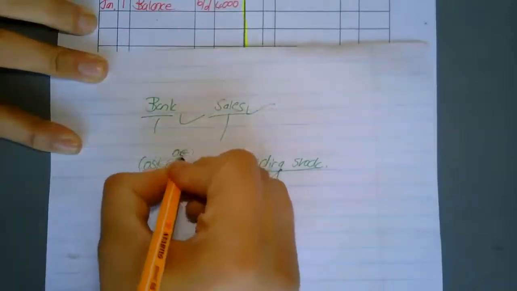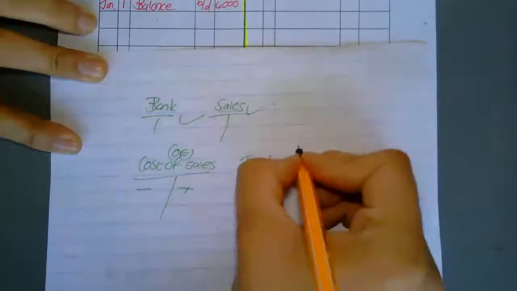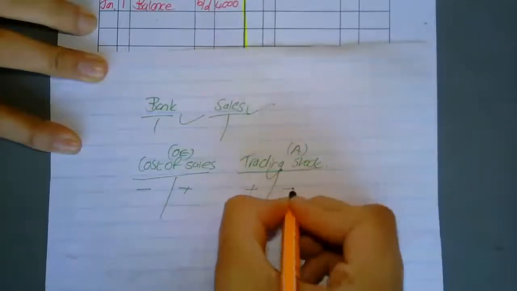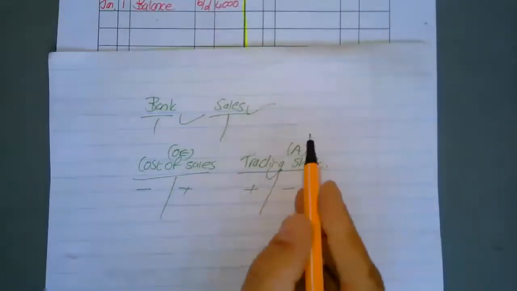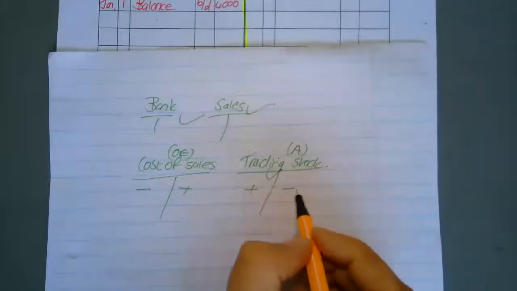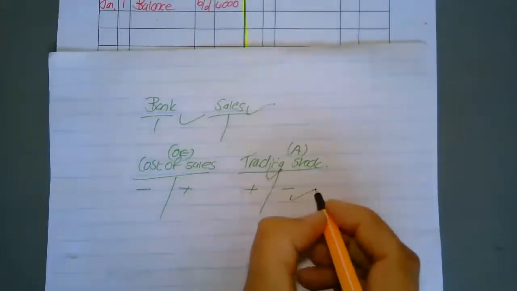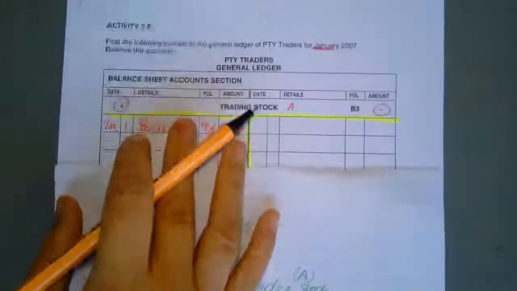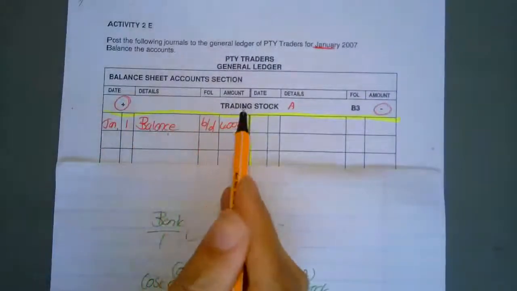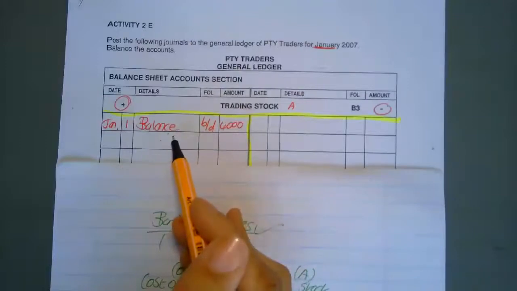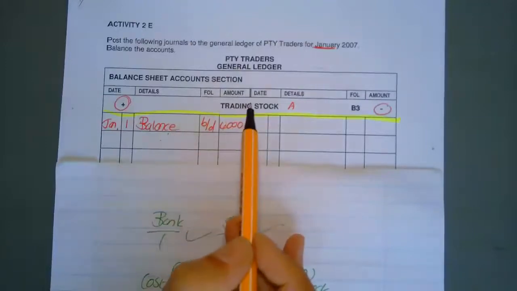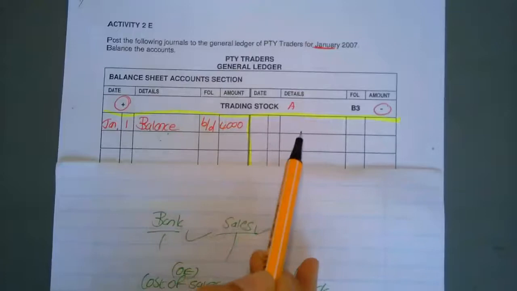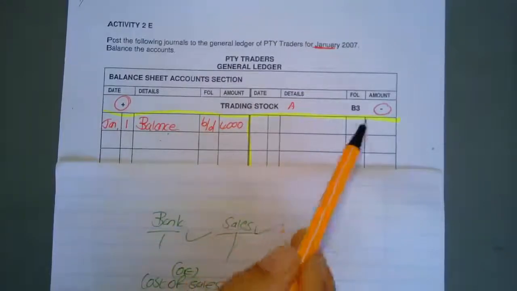Cost of sales is an owner's equity account, asset, trading stock is an asset. Okay, so when we sell, do we get trading stock or do we lose trading stock? We lose trading stock. The only time you write on the debit side of trading stock is when you buy trading stock. Okay, the only time you write on the credit side in EMS accounting is when you sell trading stock and the person takes it home with them.